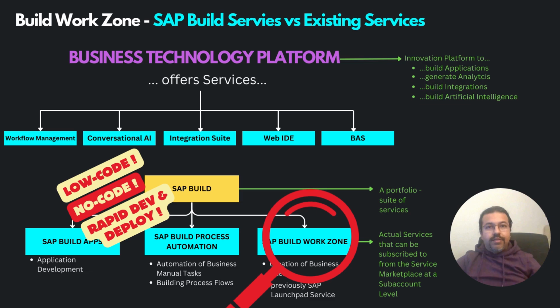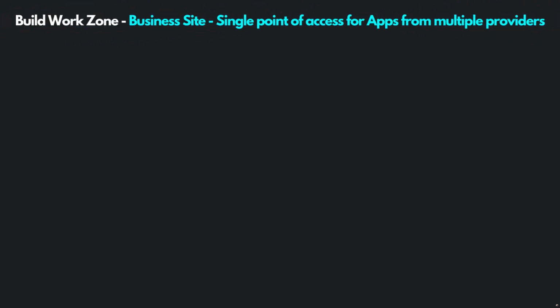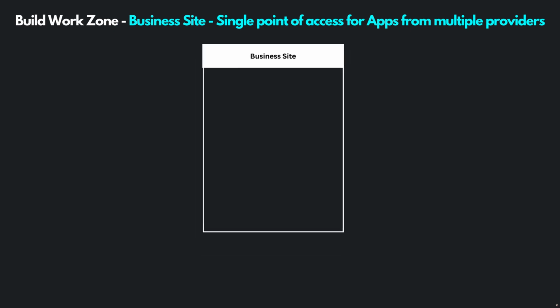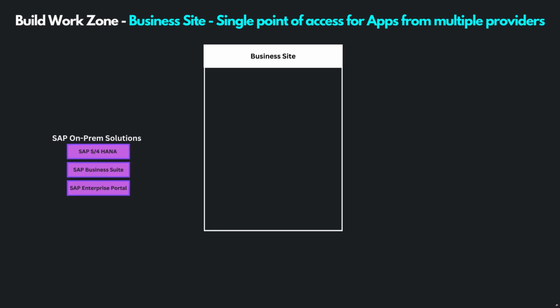Now, as we mentioned earlier, SAP Build Work Zone allows you to build what is called a business site. Now, what is a business site? A business site is like a website, and it looks almost exactly like a Fiori Launchpad, and it provides a unified point of access to all your applications. For example, you may have some on-premise SAP solutions in your landscape, maybe an SAP S4 HANA system or an enterprise portal, for example.